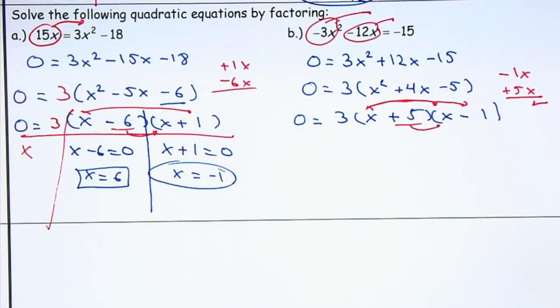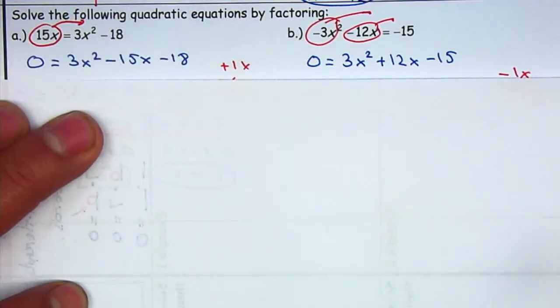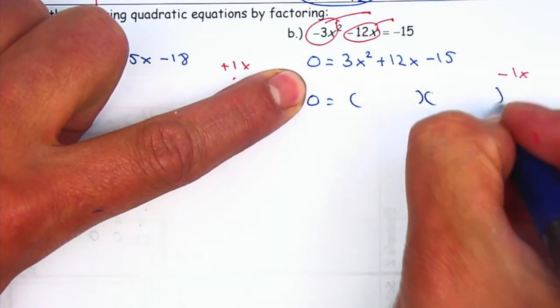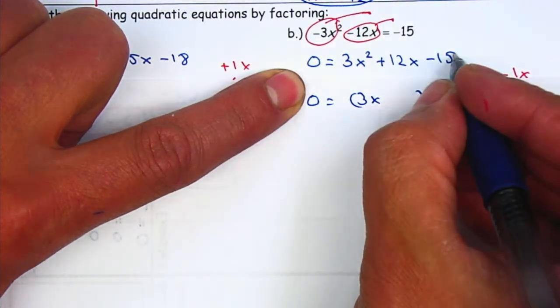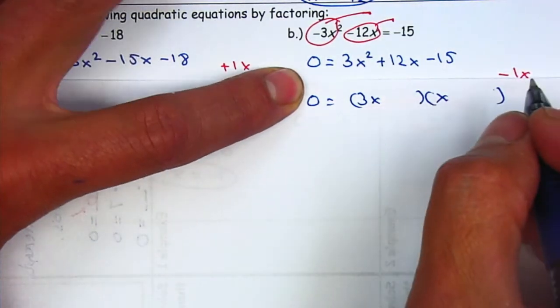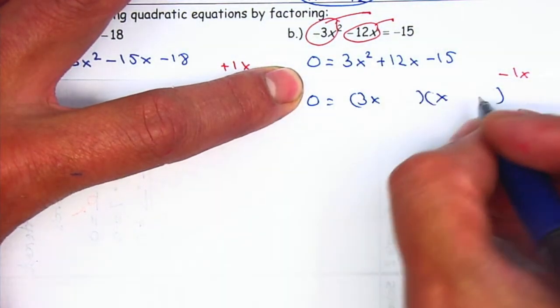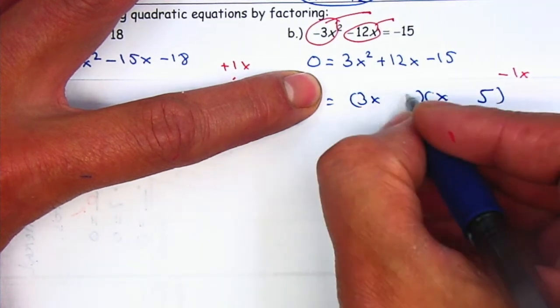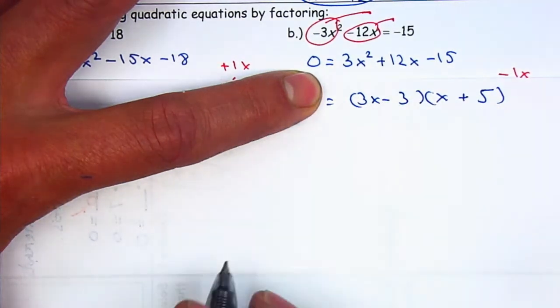Now, some of you are factoring from here. You're not taking out the common factor, the 3. You do your double parenthesis, which is 3x and x. Factors of 15 will be 3 and 5, and you have to subtract them to get 12. So I'm going to place my 5 here and my 3 here. That gives me positive, negative, which is fine.